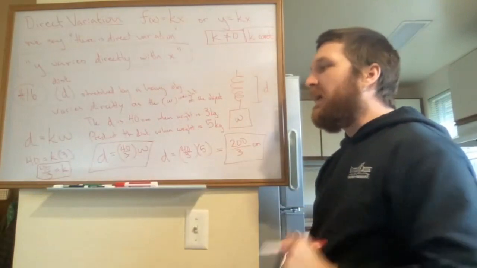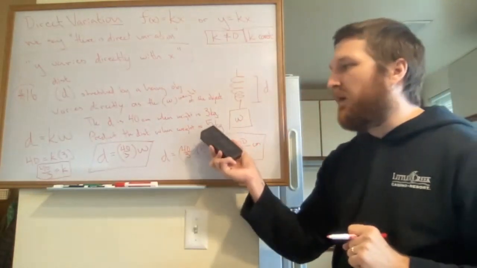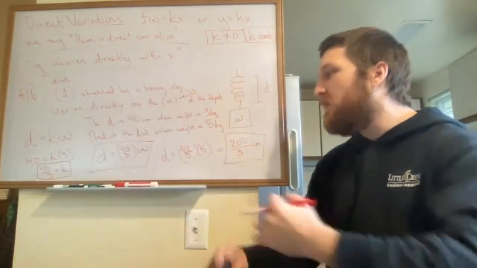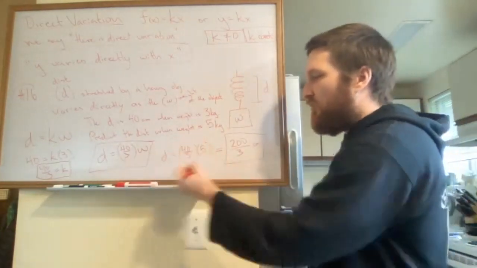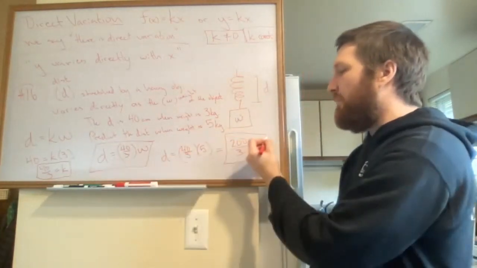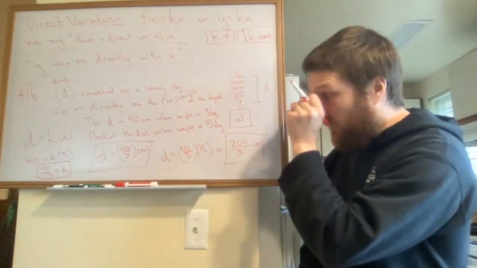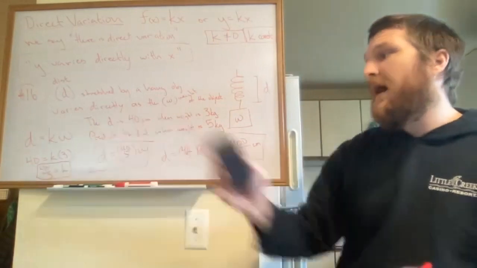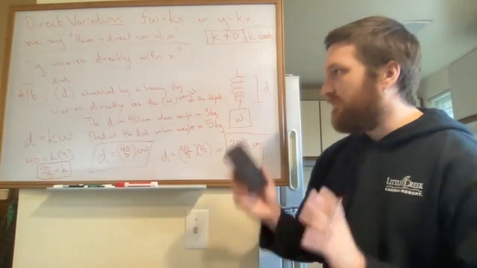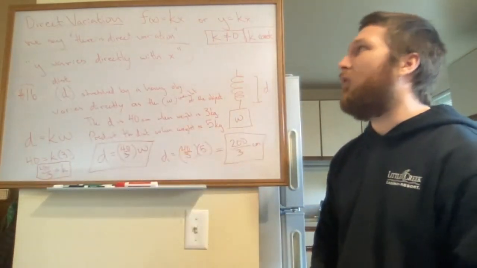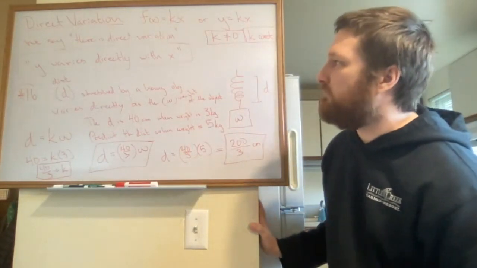And then the answer to the specific problem is to predict the distance when the weight is this. You do your work, you plug it in, that's your output. That is your answer right there. That's what'll be in the back of the book when you go to check your answers. This, though, I do want to see. That's really the main point of all of this stuff right here.